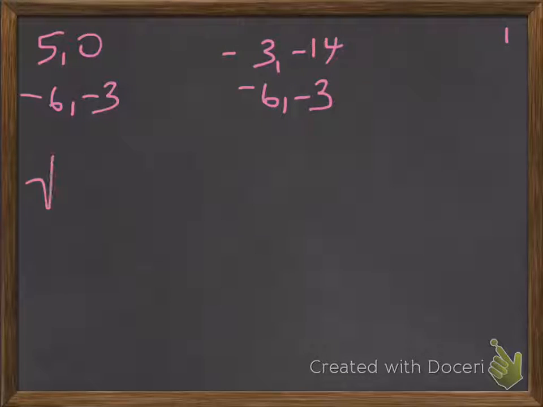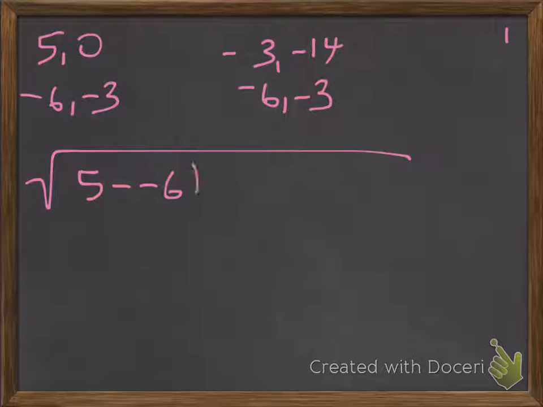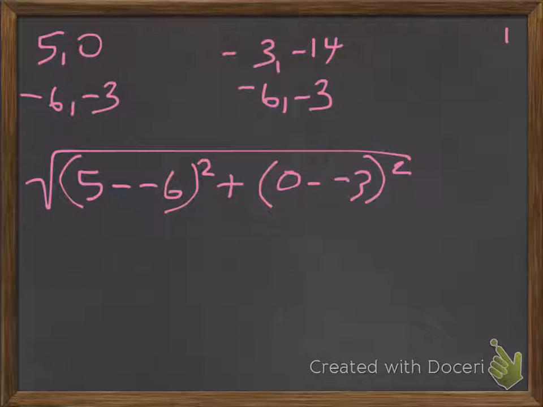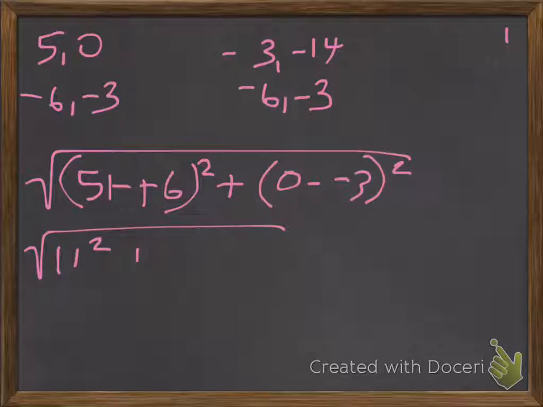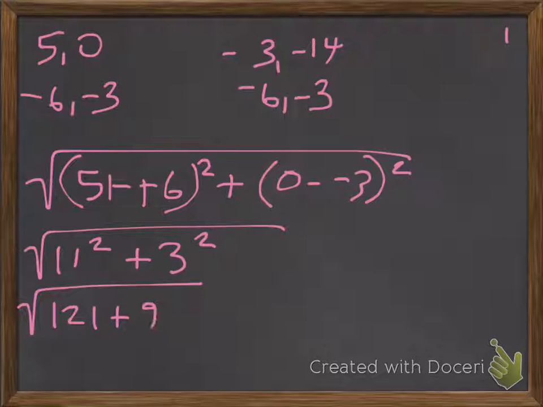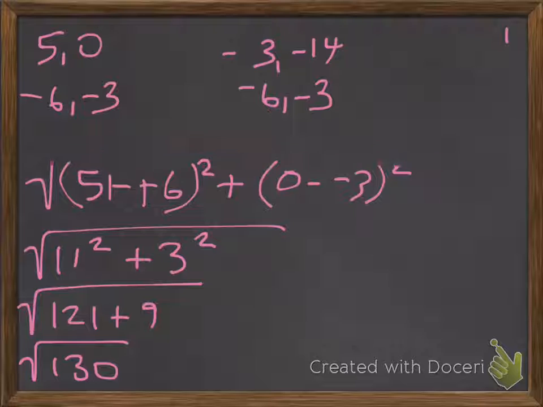So we have the distance formula. Subtract our x's squared. Subtract our y's squared. The square root of 130.